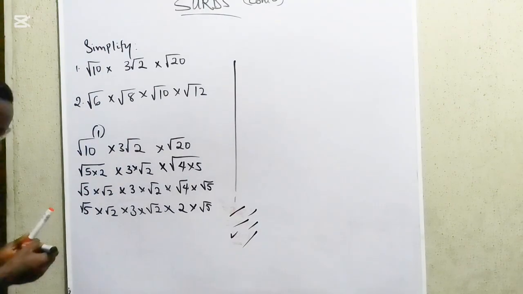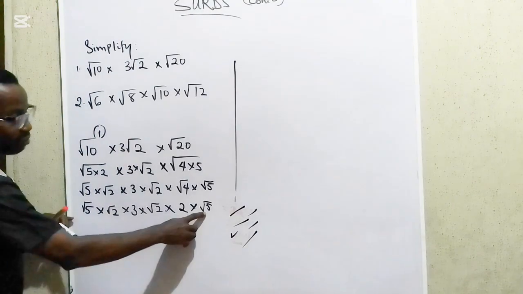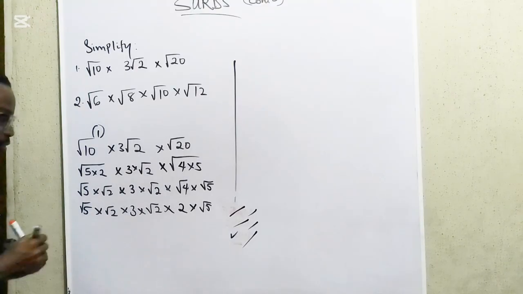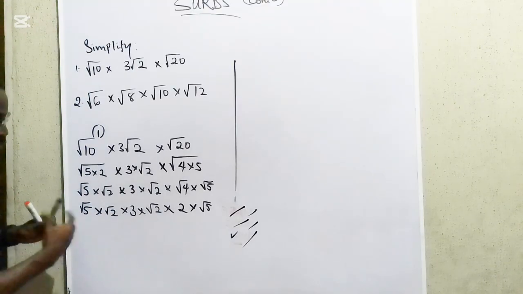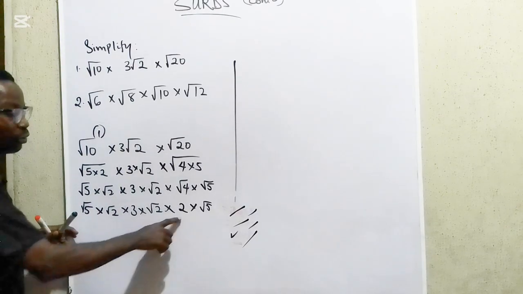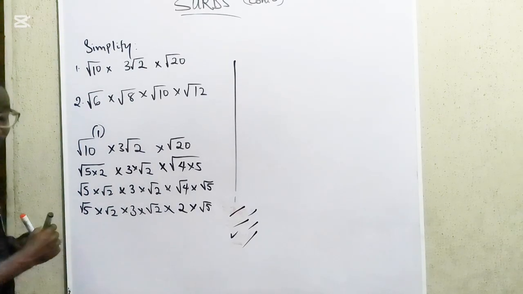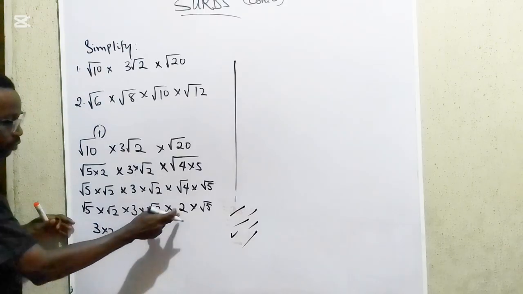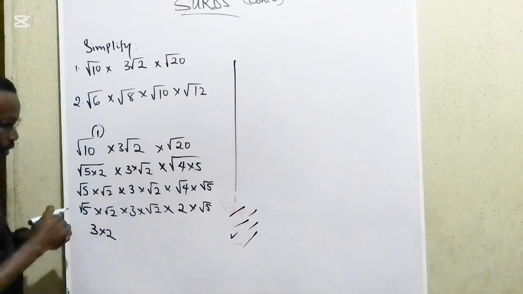You see that the 5 and 5 are the same. So let's call it collecting like terms, in quotes. So bringing together those that are alike. 3 and 2 look alike, because both of them don't have square root signs. So bring them together. So this is going to be 3 times 2. So this and this are done.